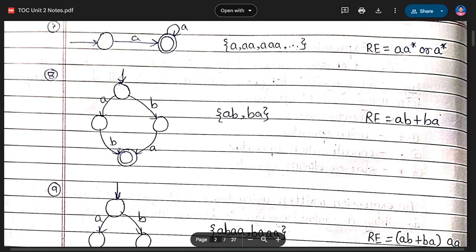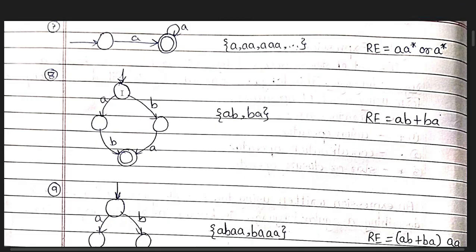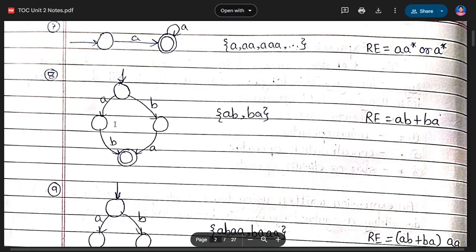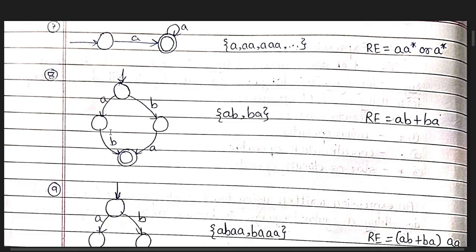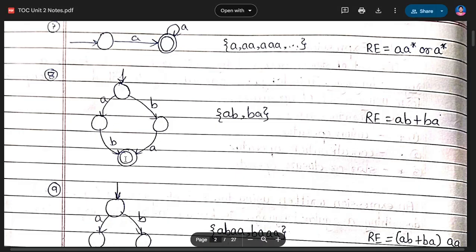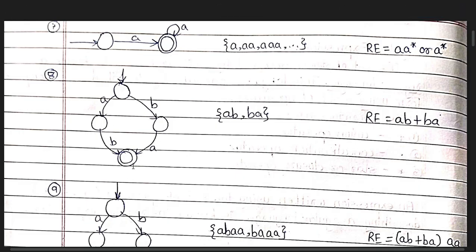Now this example: this is a state, it passes A, and on this side it passes B. Again from here it passes the B input to this final state, and from this side it passes the A input.